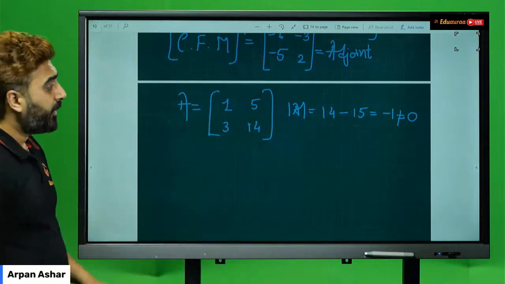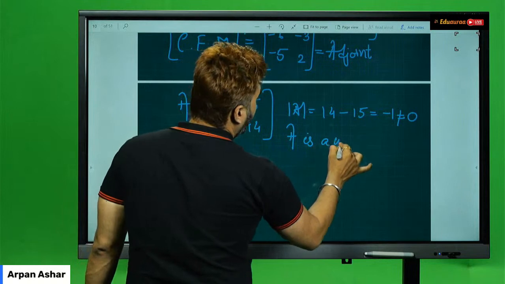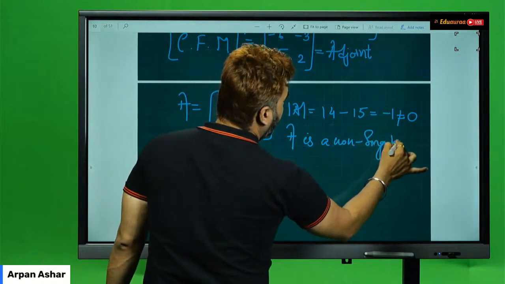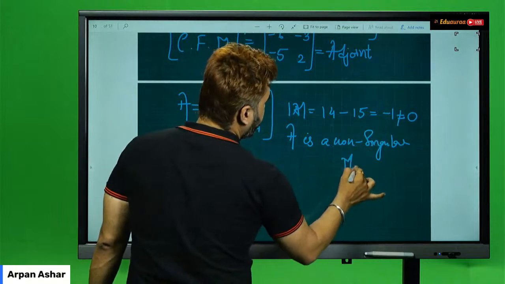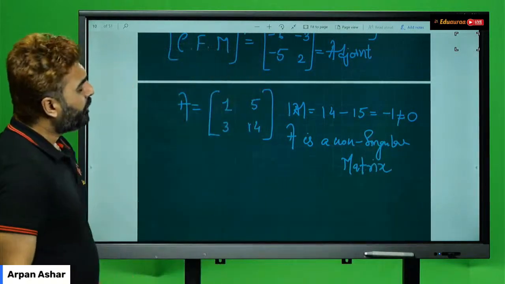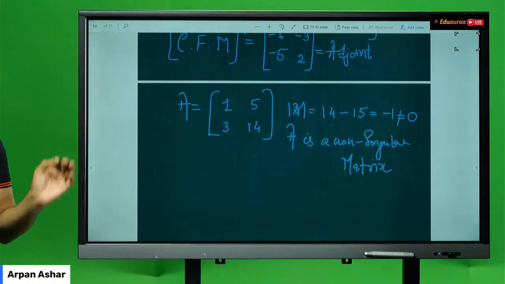So we can say that A is a non-singular matrix. So determinant value मिल गया, हमें फाइंड करना है इनवर्स.